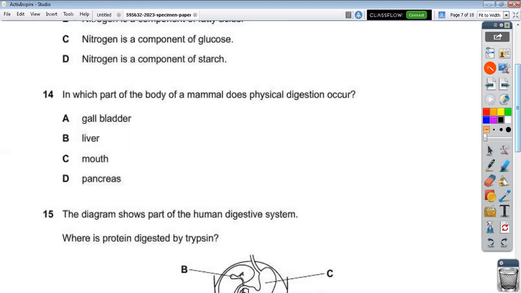In which part of the body of a mammal does physical digestion take place?